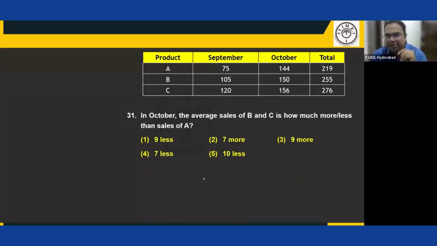Last question, after this we'll wind up. Easy question, ma. Neha?